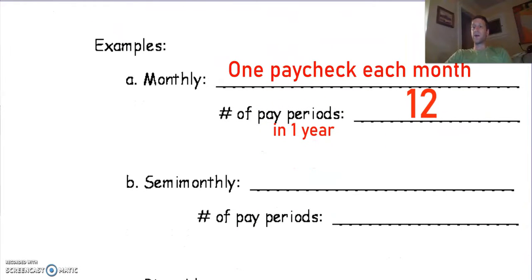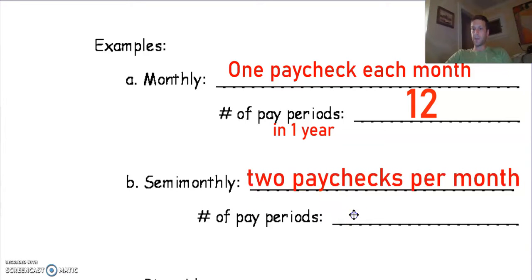Semi-monthly. So semi means half. This means you're getting paid every half of a month, which means 2 times per month, like maybe the 15th and the 30th. So you're going to get 2 paychecks per month. And that means in 1 year, you're making 2 paychecks a month, multiplied by 12 months, you get 24 paychecks in a year. So you could have 2 employees that both make $50,000.